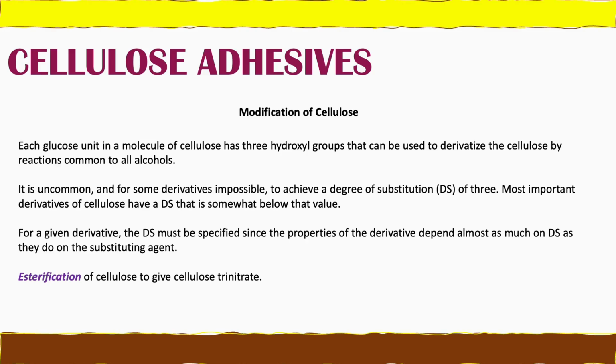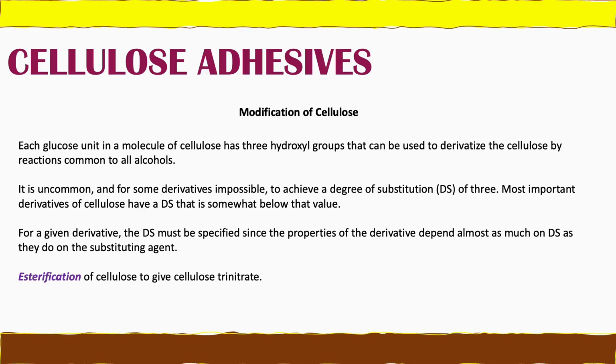The DS value should be specified for the derivatives of cellulose, because that will tell us the nature of those derivatives, because the properties of the derivative depend almost as much on the DS as they do upon the substituting agent. So the commonly observed DS value is 1 and 2, and sometimes, rarely, we can get a value of 3 also, but that is a difficult target to achieve.